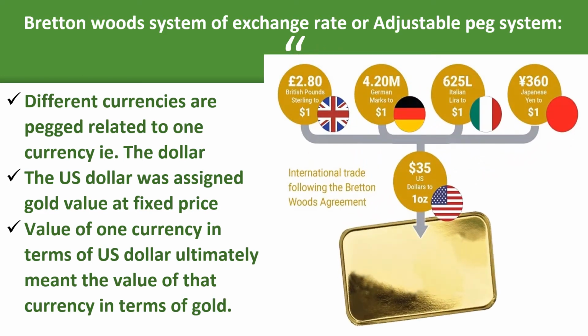So you see here, every currency was expressed against the US dollar. However, only the dollar was expressed in terms of gold. Ultimately, indirectly, it meant that all these other currencies were also related to the value of gold.